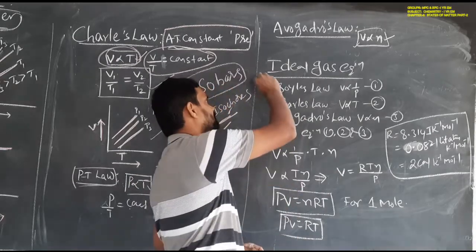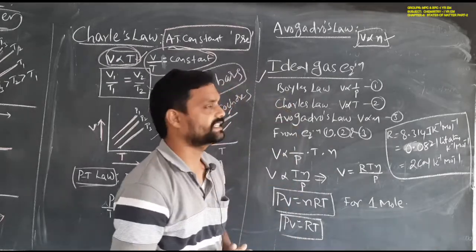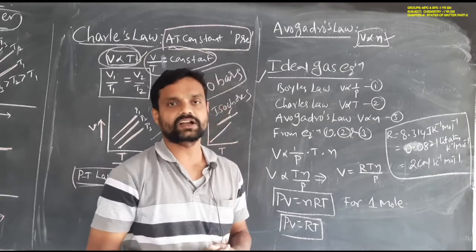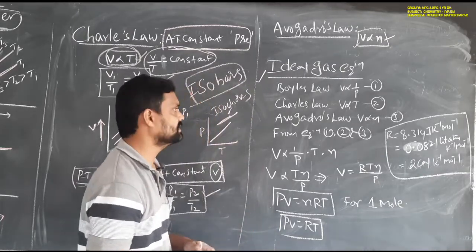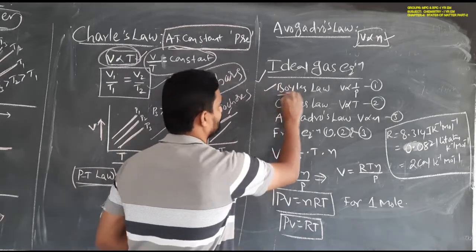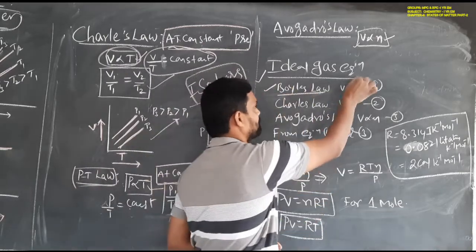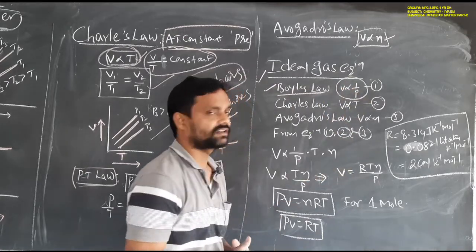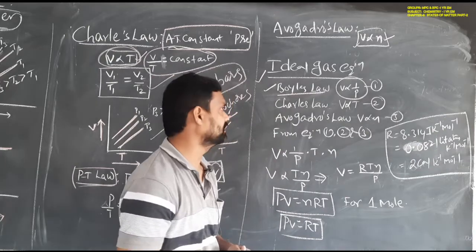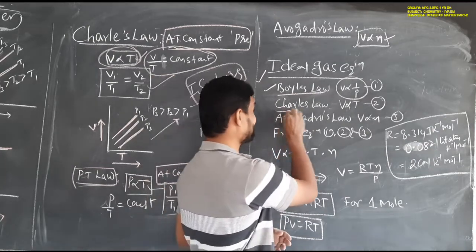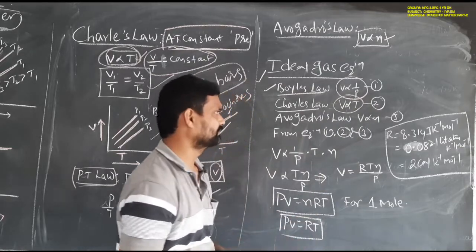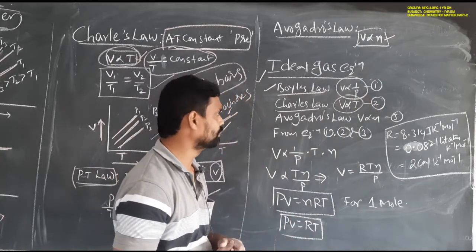Okay, next our topic in this chapter is the ideal gas equation. What is the ideal gas equation and how can it be derived? We already know Boyle's law, V is proportional to 1 by P at constant temperature; call this equation 1. Charles law, V is proportional to T, equation 2.